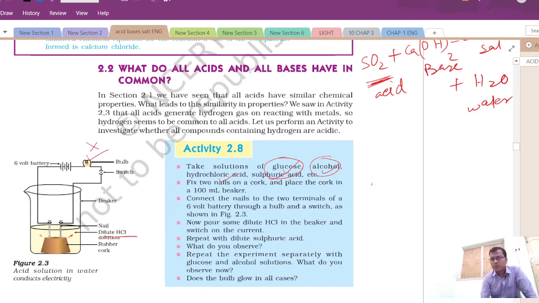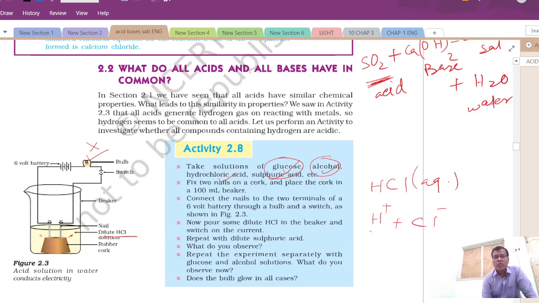Actually, whenever we are adding acid, for example HCl, to an aqueous solution, then what happens? H plus ion and Cl minus ion are formed. HCl breaks up into H plus and Cl minus ions.